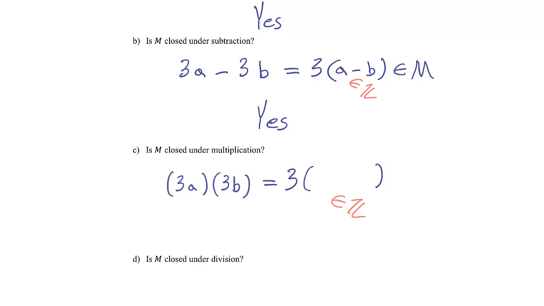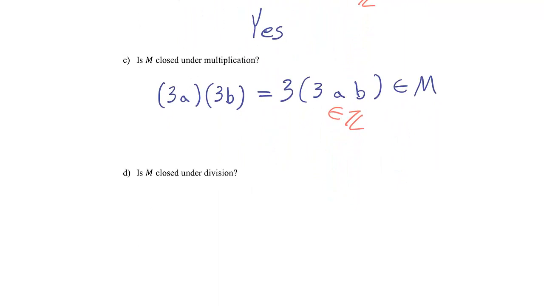Now, what we can do is use our associative property and commutative property to rewrite the expression that we've just written down, to write one 3 on the outside of the big brackets, one 3 on the inside, and the a and the b are still on the inside of those brackets. 3 times a times b is indeed an integer when a and b are integers. So this does land us in our set of multiples of 3.